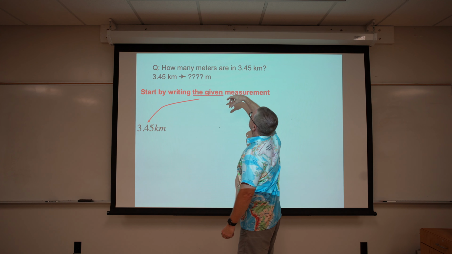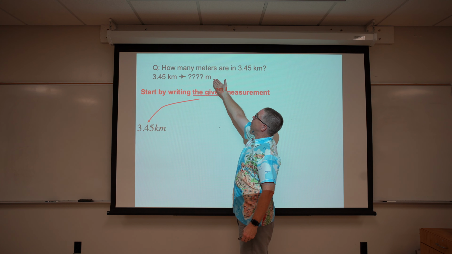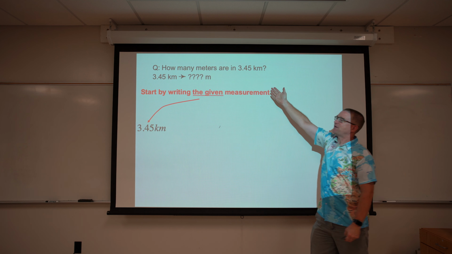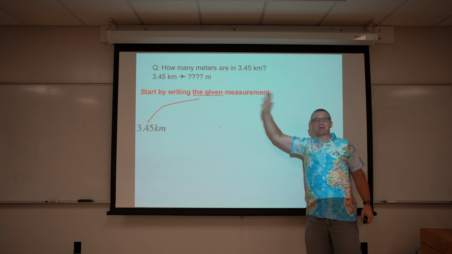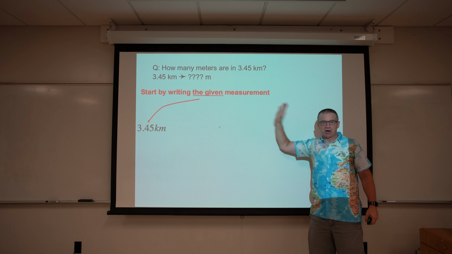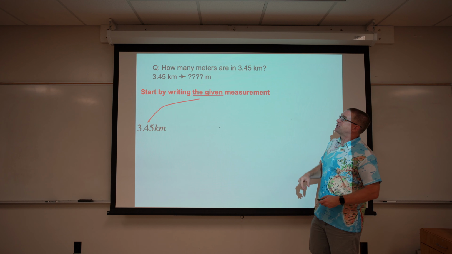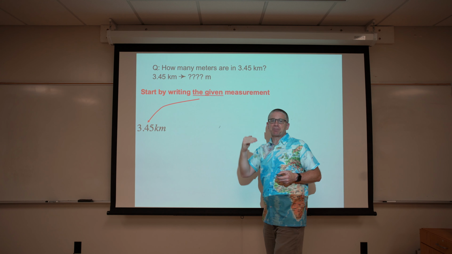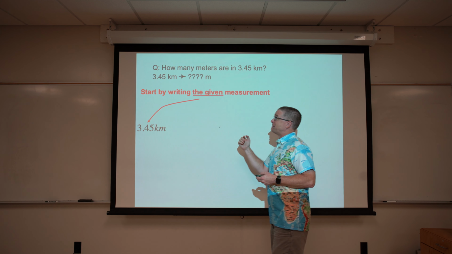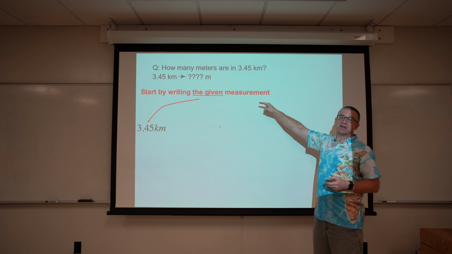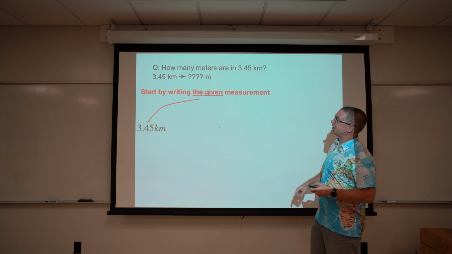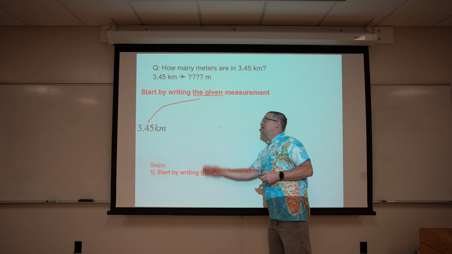So for example, let's say we want to know how many meters are in 3.45 kilometers. Now, some of you may know this off the top of your head. That's fine, but just bear with me here as I show you mathematically how to do this. I have a several-step process I like to use for this. The first step is just write down what you're given. In this case, 3.45 kilometers.